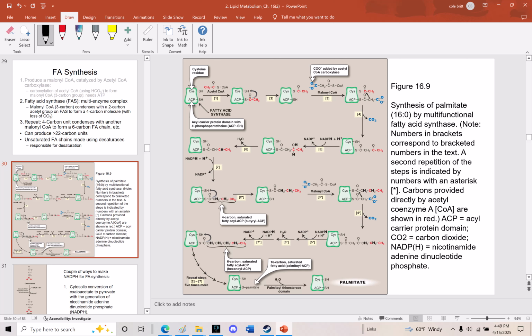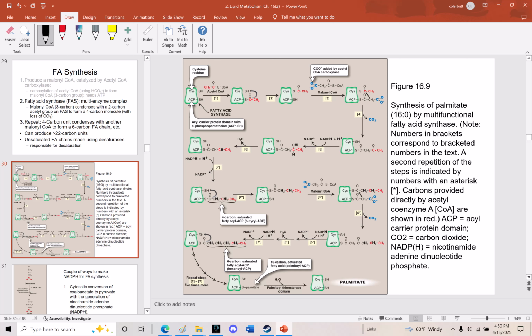Your body will make all sorts of fatty acids, but the most common one is palmitate. So just get used to knowing palmitate is a 16 carbon fatty acid. It's probably good to know that one because it's just the most common one. There are some fatty acids that you should remember, like palmitate. A 16 carbon saturated fatty acid is called palmitate.